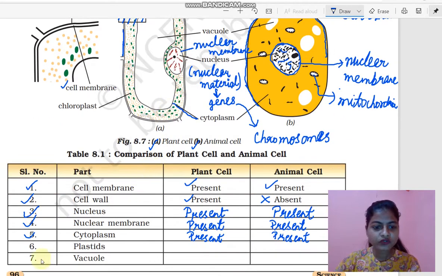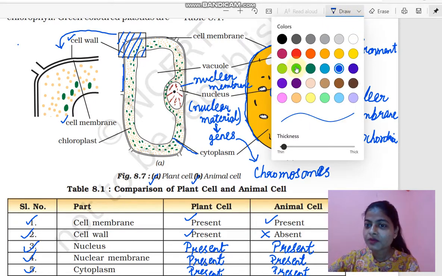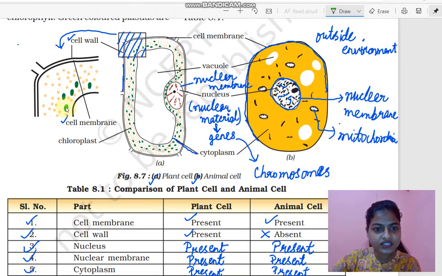Now we will move on to the next one, that is plastid. Plastid is a cell organelle which is present only in the plant cell. Can you see the green color dots in plant cell? They are not present in animal cell.